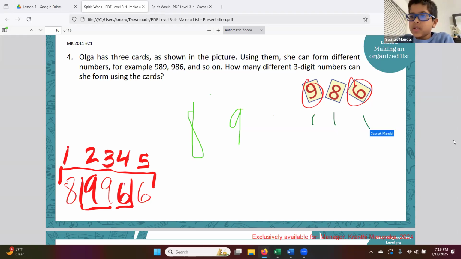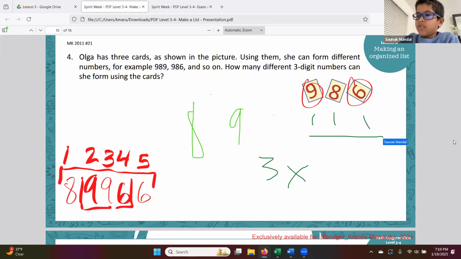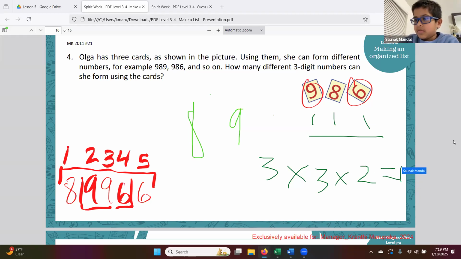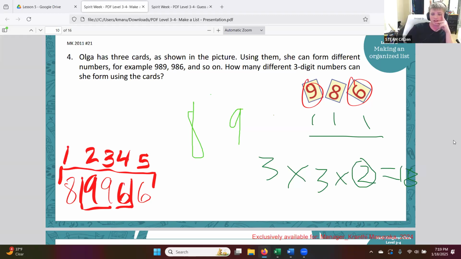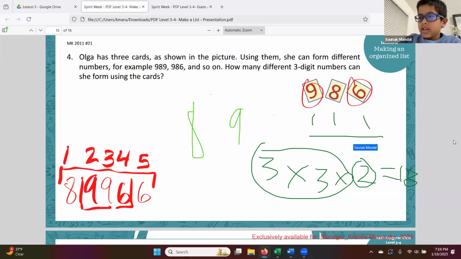There's 3 possibilities, so that would be 3 times. But then you still have an extra card, so you can count that again, which would be 3. And then for some reason my brain stopped working. So I just guessed 2, and then I guessed 18. So you don't know what the answer is, but you're going to guess 18. Is that correct? Yeah. Well, I know what this part is here. But then I kind of zoned out over here.